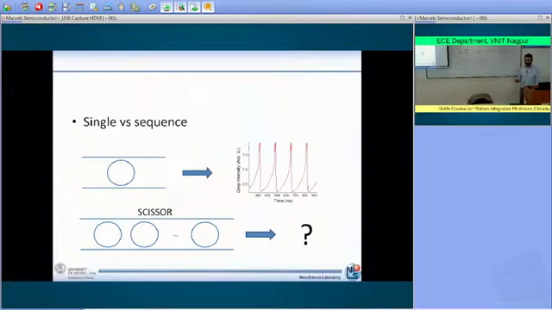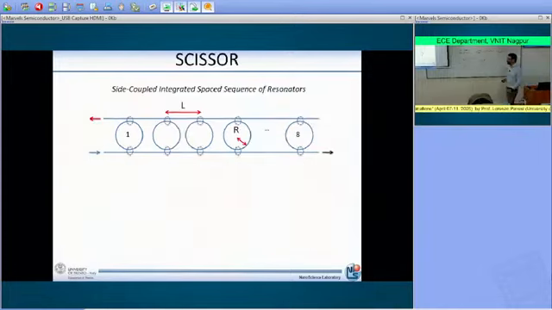A quite periodic self-pulsing. But now the question is, what happens if, instead of a single microring, we put many microrings in a sequence? This sequence is called a side-coupled integrated spaced sequence of resonators, or in short, SCISSOR.